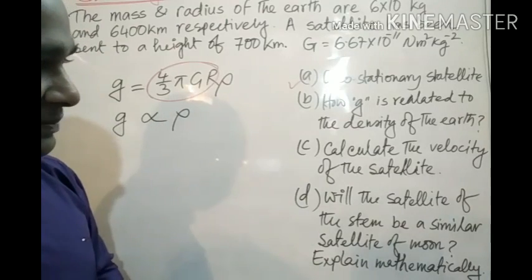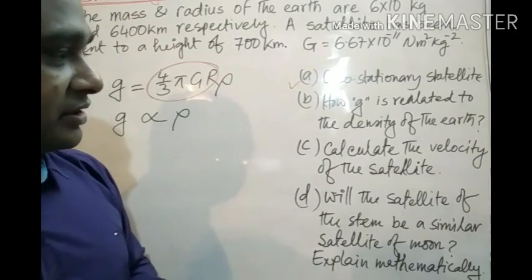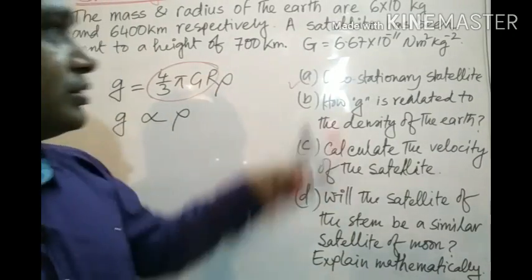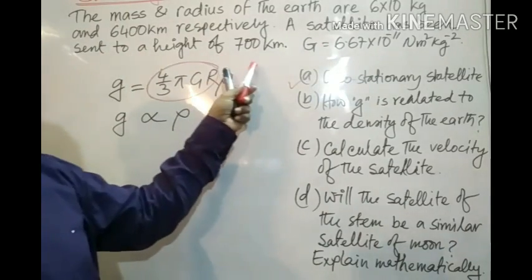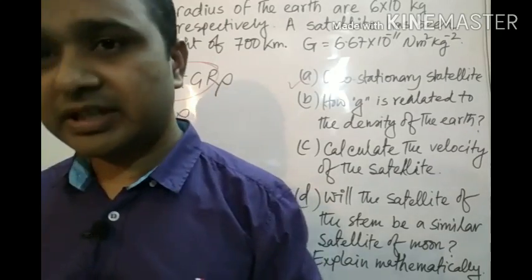In our question C, they said to calculate the velocity of the satellite, the satellite which is mentioned in the stem, which is placed at a height of 700 km. So we have to calculate the velocity of the satellite.